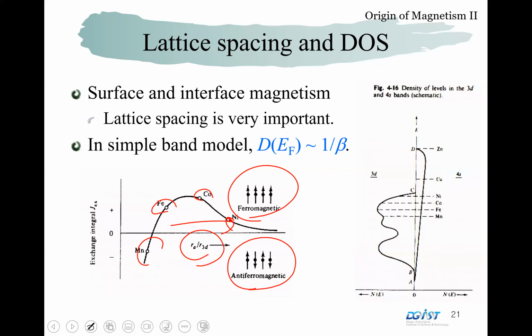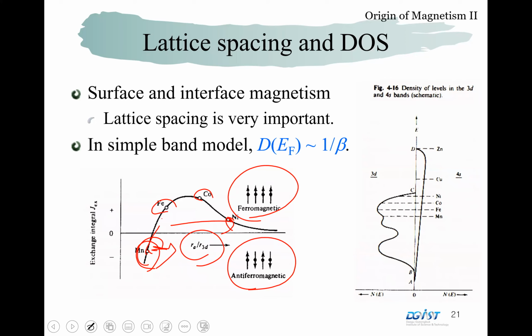Okay, so there is some experimental data. If you increase the lattice constant of a certain material, for example manganese, then manganese turns to ferromagnetism.